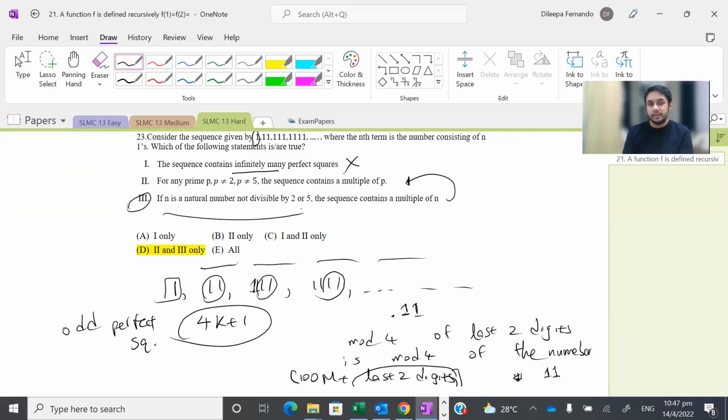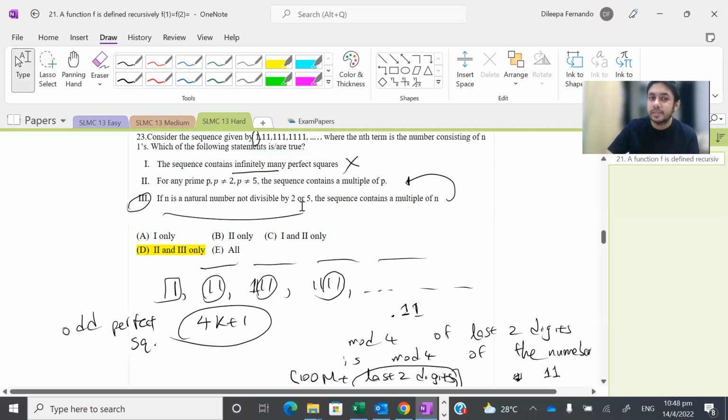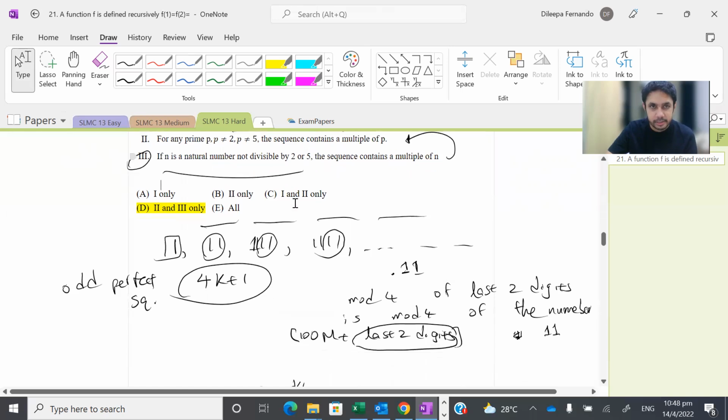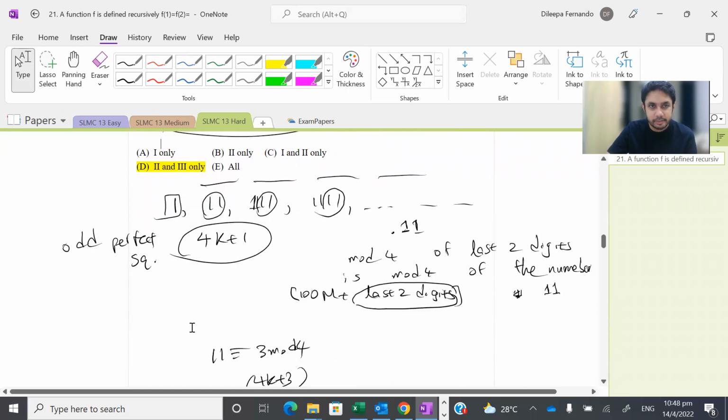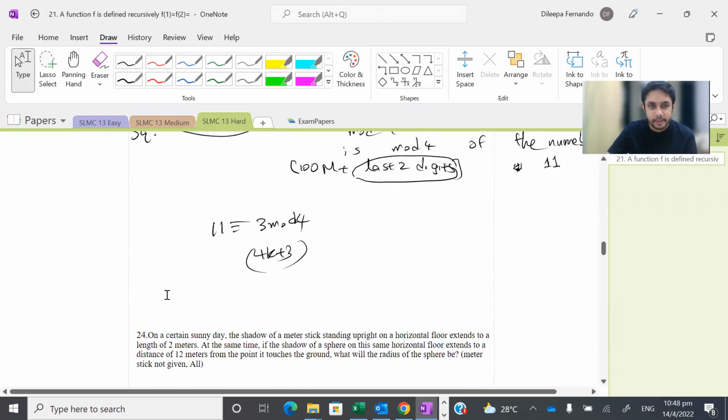So what is said is, for any such natural number n, there is a multiple of n in the sequence. You can consider some of these numbers specified by this statement. For example, you can consider 3, 7, 9, 11, anything.